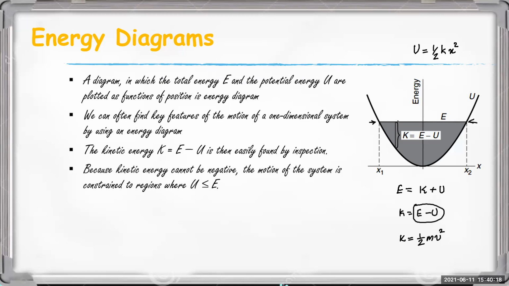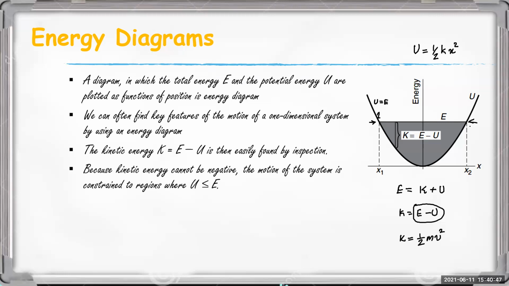Then the difference between these two quantities. Look here. Let me take this as point 1. At point 1, or at the point x1, the potential energy is equal to the total energy.